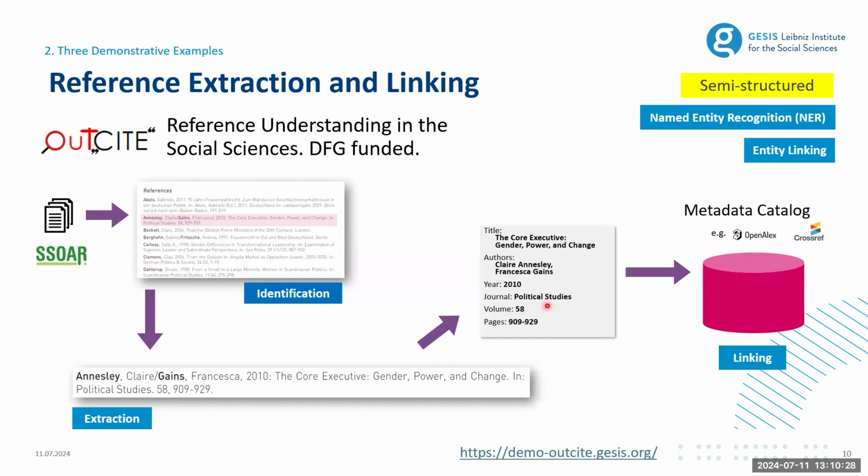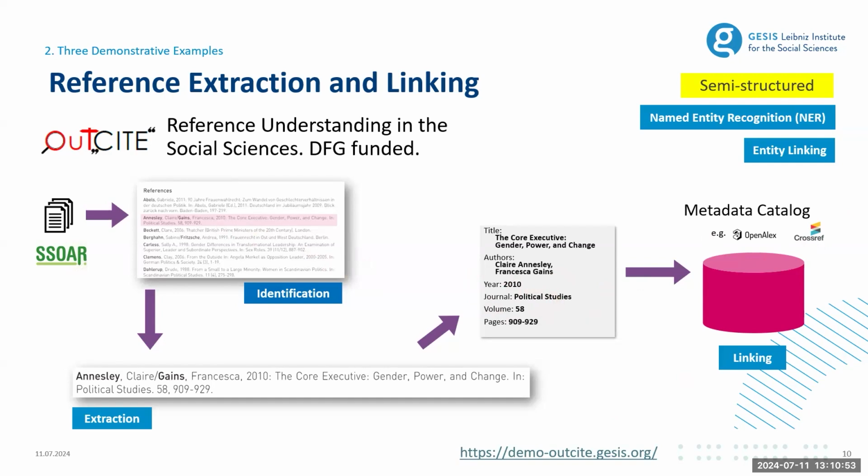And the third step is to link to external databases, in this case, for example, OpenAlex or Crossref, to be able to get URLs for open access representations of the publications or DOIs from Crossref for the publisher full texts.